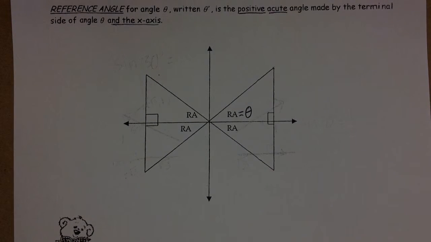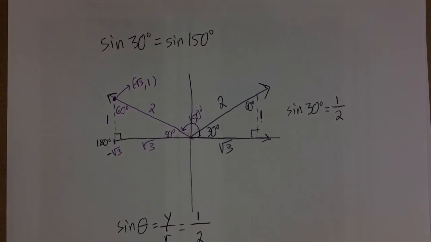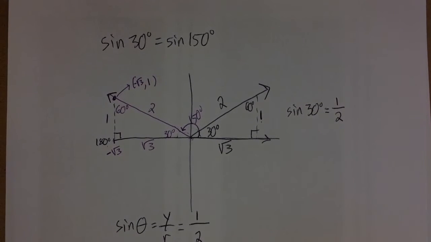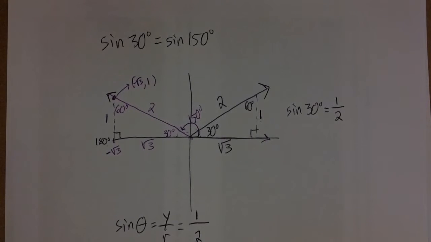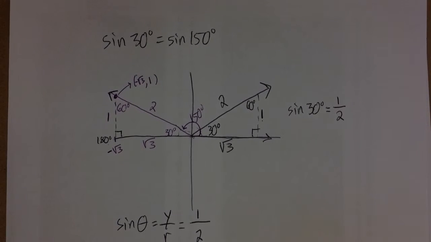I'll give you a hint. Think back to this example. It's not just theta. Not negative theta prime. Not negative theta. That was stated already. Not positive theta prime. Positive theta. You're not getting anywhere closer to the answer.